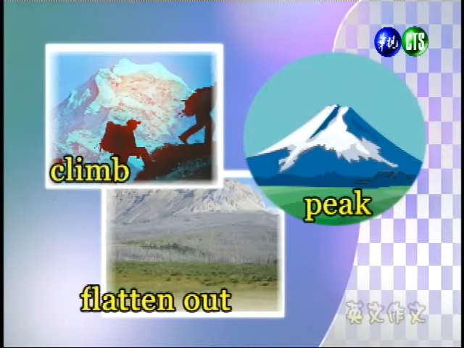好，那另外这3个字呢，则是和山有关。像我们在画面中看到这个 climb，climb 是指往上爬。那这个 peak 是达到高峰。那这个 flatten out 指的是平坦的画面。Now, the strength of these verbs can be increased or decreased with modifiers.